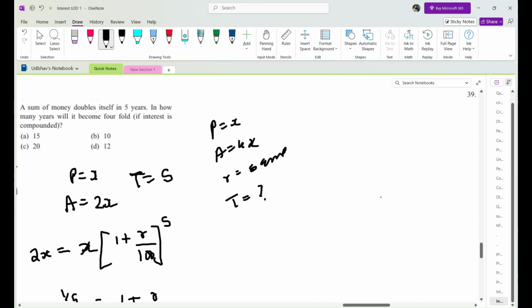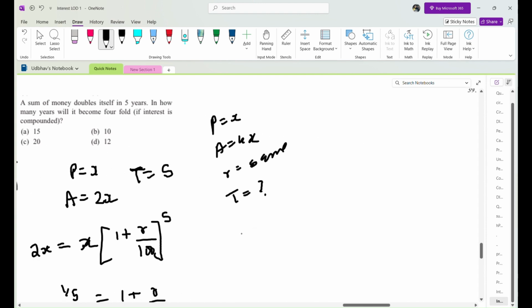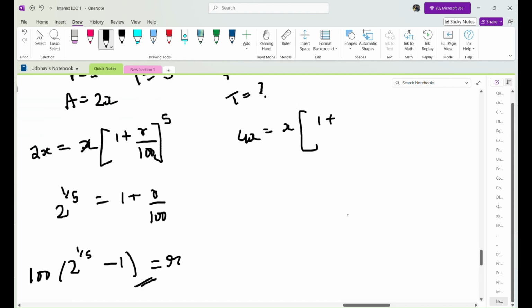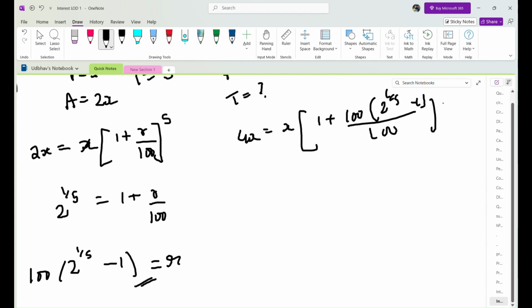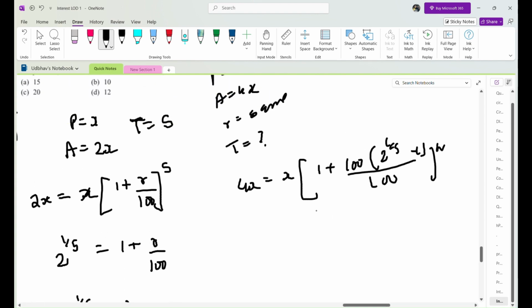So when we put this in the formula, 4x equals x into 1 plus, instead of r we'll put this thing, 2 raised to the power 1 by 5 minus 1 upon 100 to the power n. x got cancelled. 4 equals... 100 got cancelled.